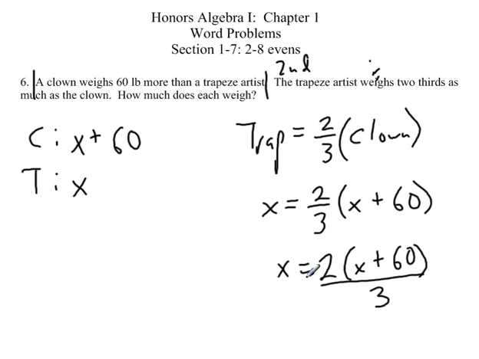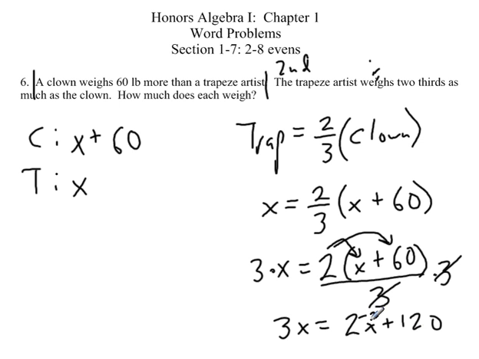The way that you solve this equation, the first step would be to multiply both sides by 3. So if I do 3 on both sides, I cancel this 3 out, so I just eliminated my fraction. At the same time, I want to distribute the 2 to the X and the 60. So I get 3X equals 2X plus 120.